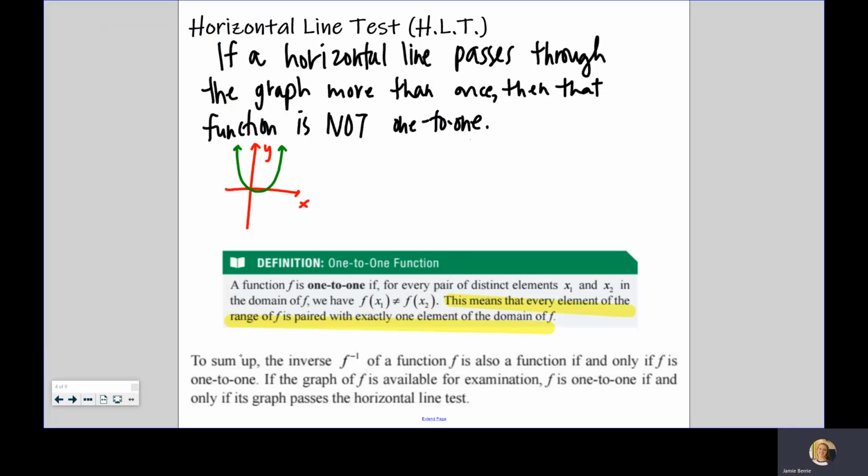Now, to sum this up, the inverse f inverse of a function f is also a function if and only if f is 1 to 1.